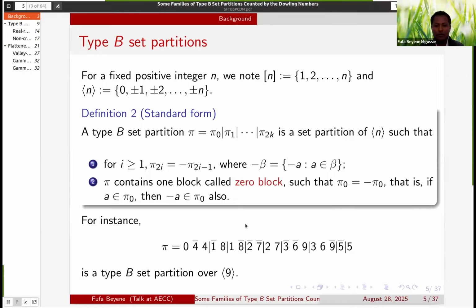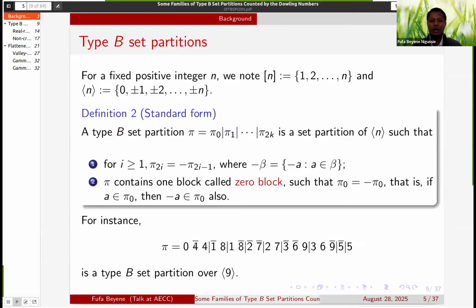If you have this partition of 9, you can see that it is written in standard form, meaning the first subset, or block, is the 0 block, because it consists of 0, as well as, if there is an element a, its negative is also here. So maybe I'm using bar here for minuses.